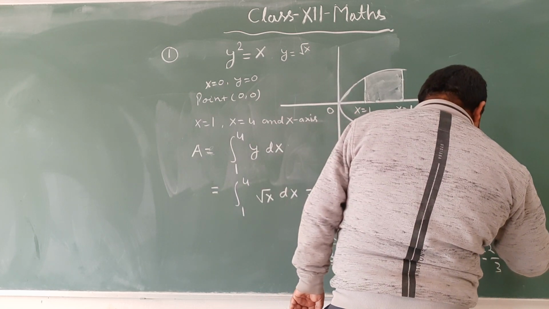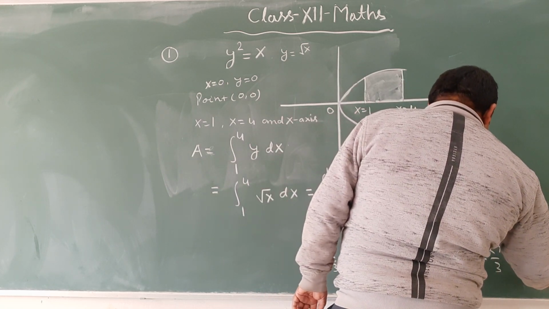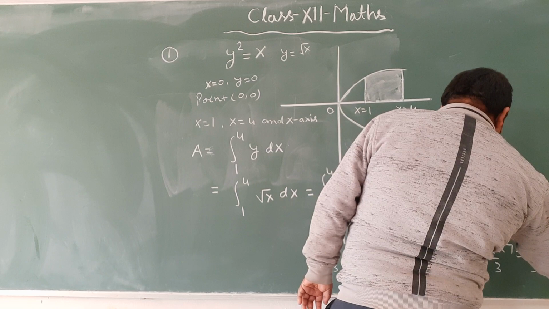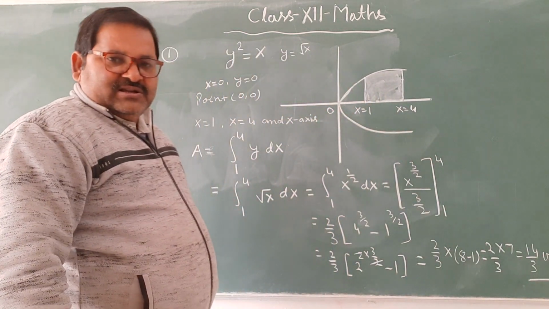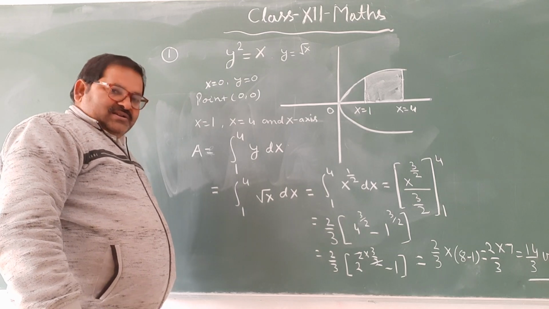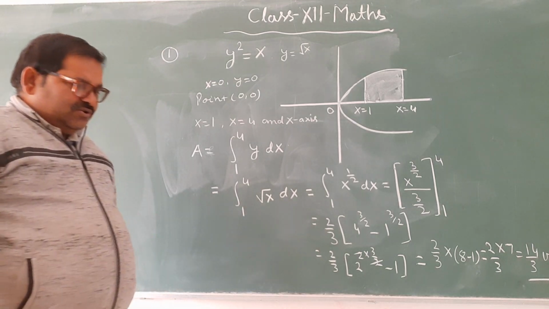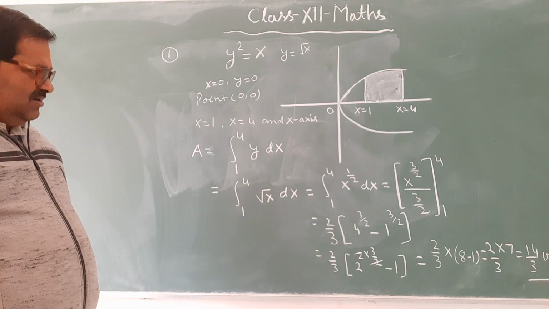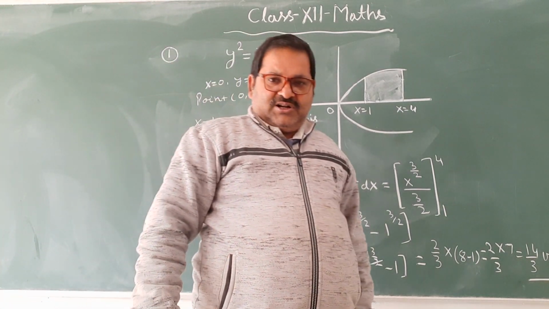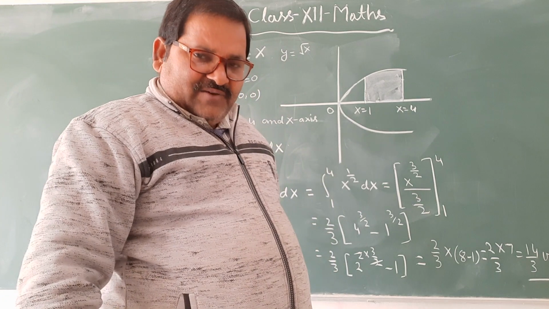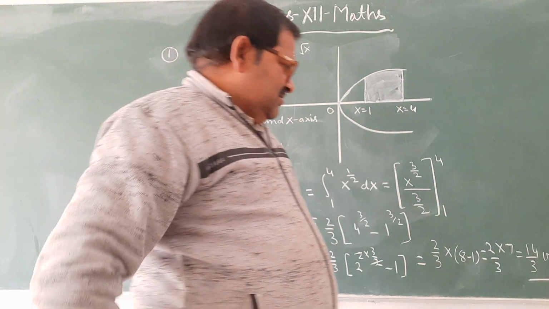So 14 by 3 unit square is the total area of the shaded region. Clear?